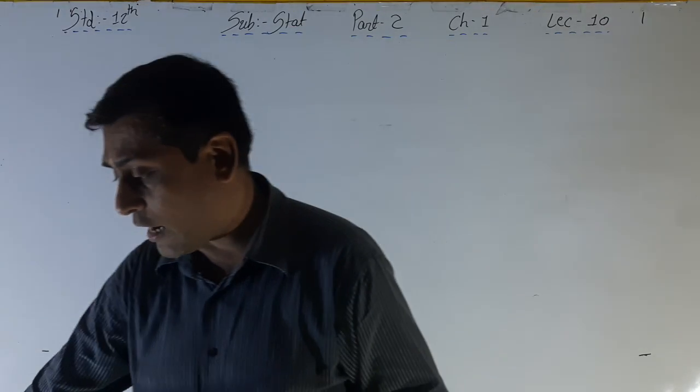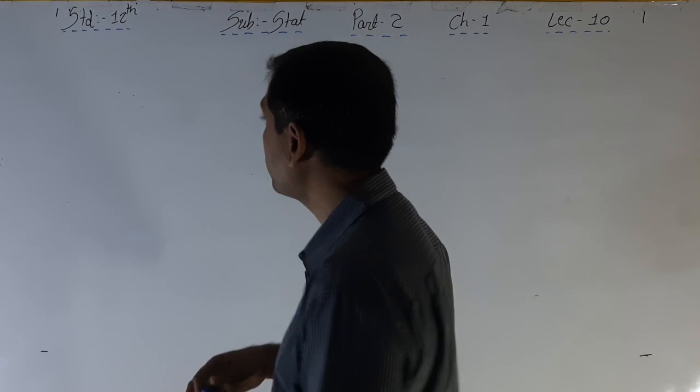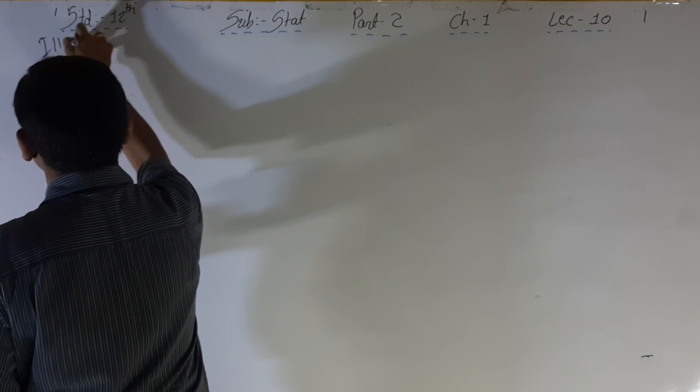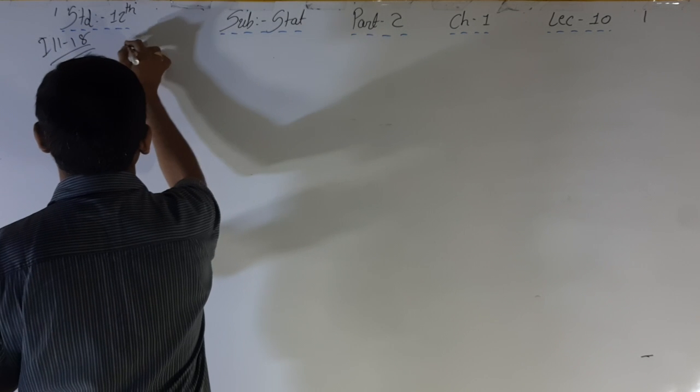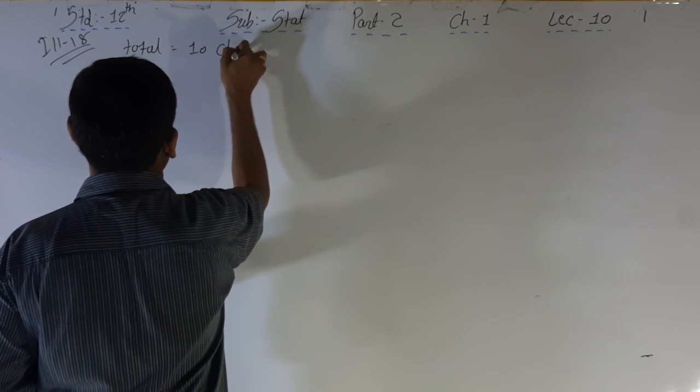Okay, now we'll start. Illustration number 18. Total 10 chits.